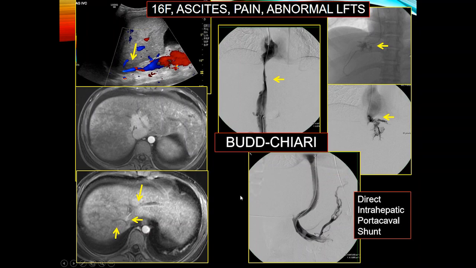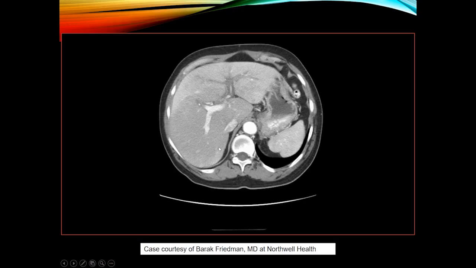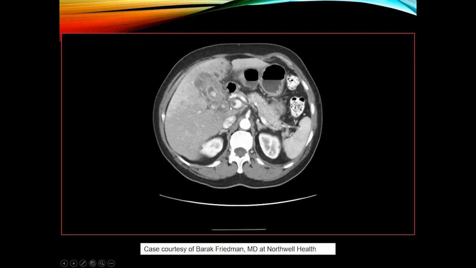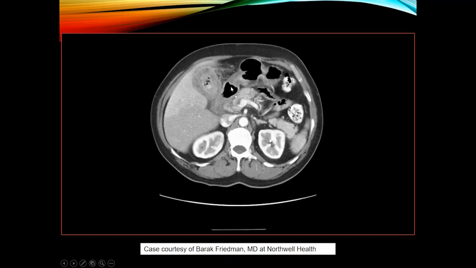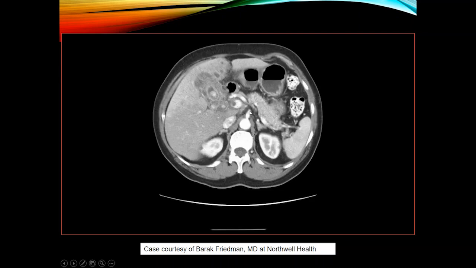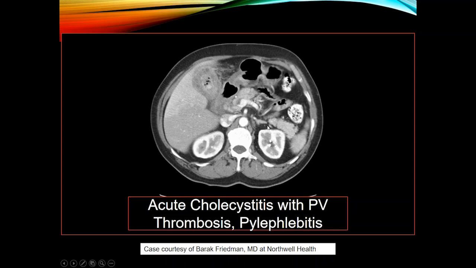The patient underwent shunting. Here's a patient who has absence of visualization of the left portal vein. You may think maybe this is biliary duct dilatation, but if the left portal vein is missing, that has to be considered. And in this case, the etiology is severe acute cholecystitis, and you can see the thrombus actually extends into the main portal vein as well.